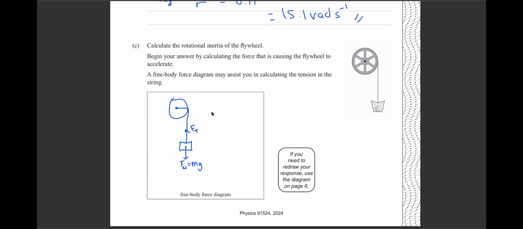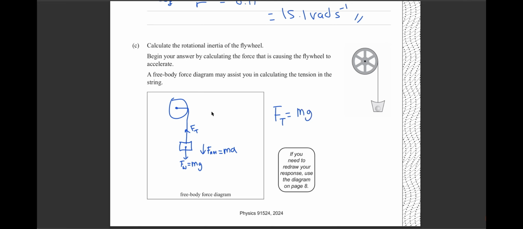So what that means is that your net force, F net, is going to be downwards, and it's going to be mass times whatever it's accelerating at. And so your tension force that's going up is just going to be the difference between the weight force and your net force. So we can write that as Ft is this minus this.